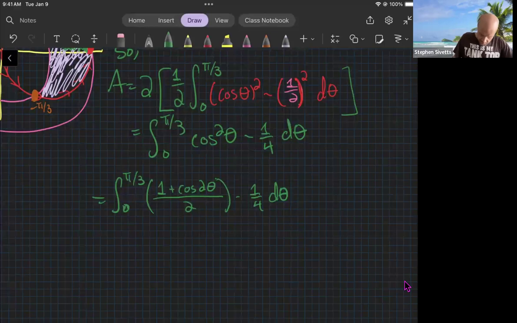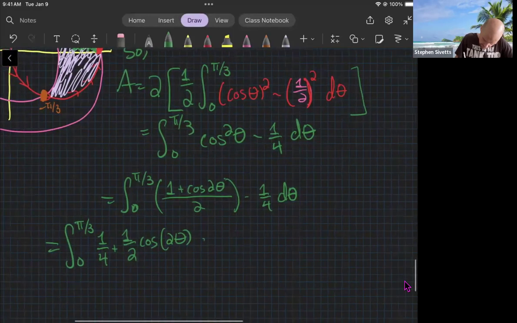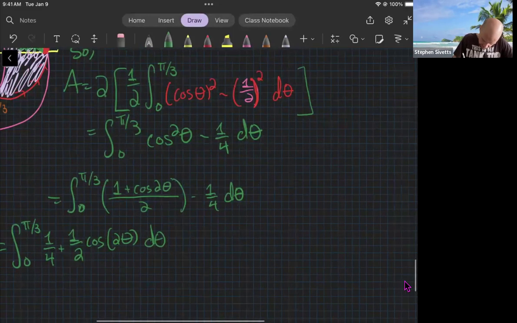So this equals the integral from 0 to pi over 3 of 1/4 plus 1/2 cosine 2 theta d theta.